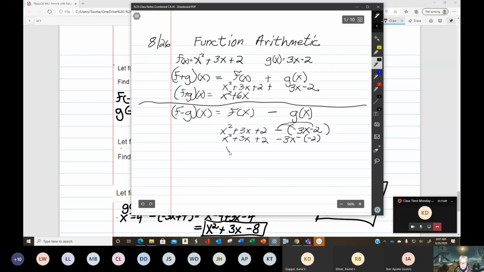And then I'll change that to x squared plus 3x plus 2 minus 3x. Now minus a negative gives you a plus sign, so plus 2. When we combine our like terms, 3x minus 3x zero out. We'll be left with x squared plus 2, that'll be x squared plus 4. So that's our answer there. A little bit trickier.